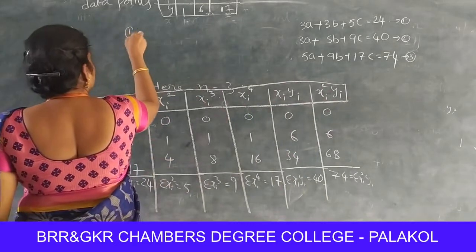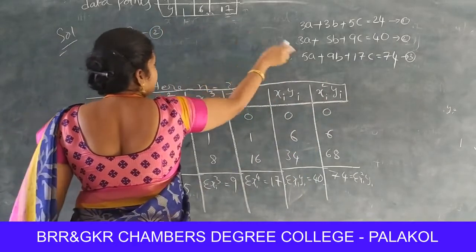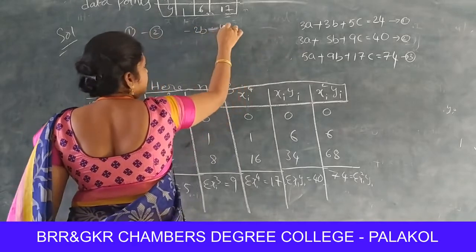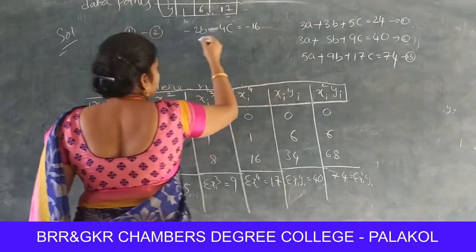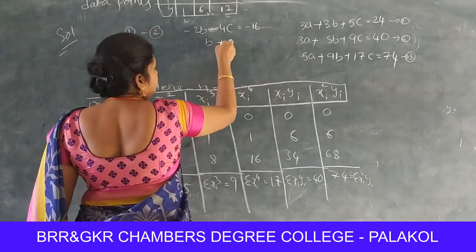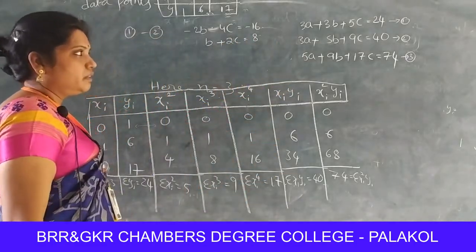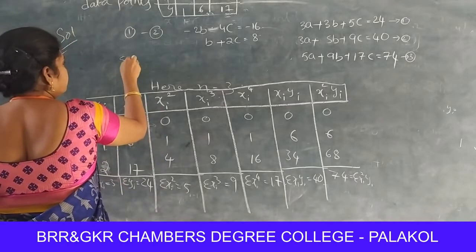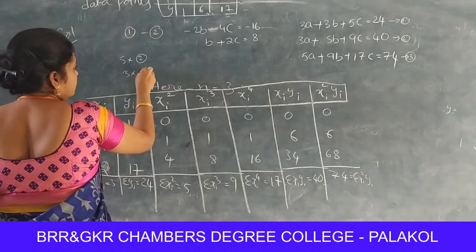So, 1 minus 2: 3B minus 5B is minus 2B, 5C minus 9C is minus 4C, equal to 24 minus 40, which is minus 16. Cancel 2, then minus B minus 2C is equal to minus 8. Similarly, for the second and third equations, multiply the second equation by 5 and the third equation by 3.